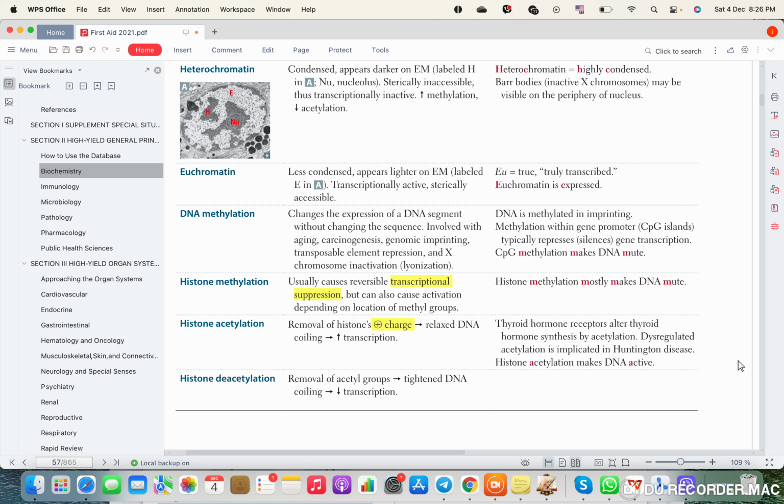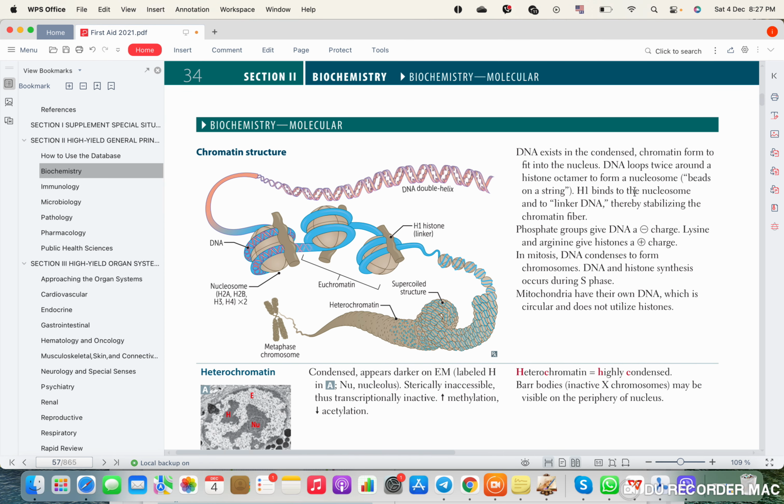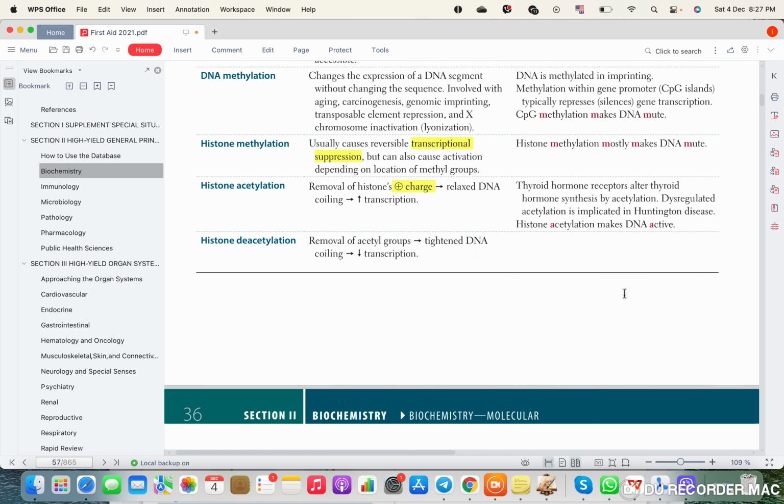What about histone? Excellent. I did not expect someone to know that. Okay, lysine and arginine. Excellent job. So, yes, it's lysine and arginine. It's mentioned here. Yeah, lysine and arginine give the histone their positive charge.